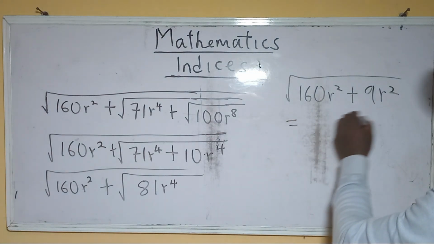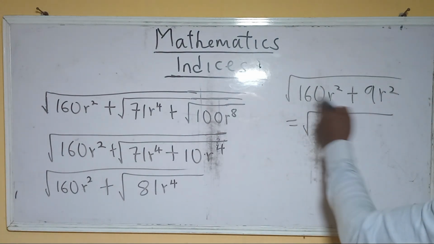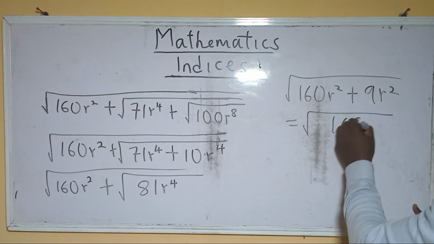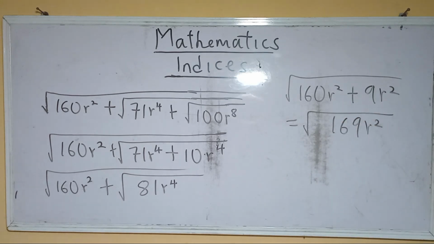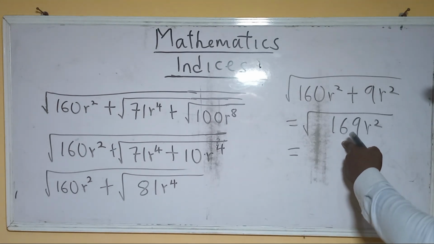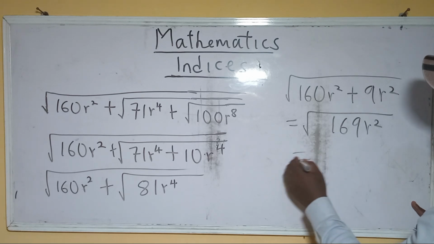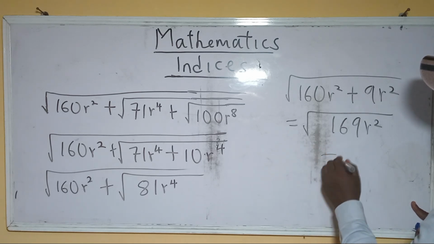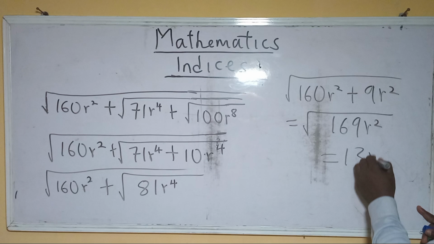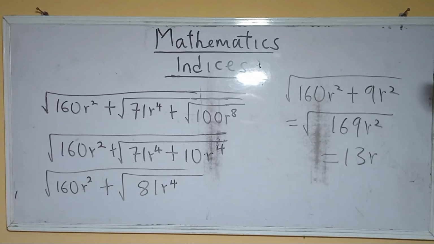If you add this together, it will give us 169 r squared. Then take the square root of 169. It will give us, let me write it because of this space, 13r. This is my final answer.